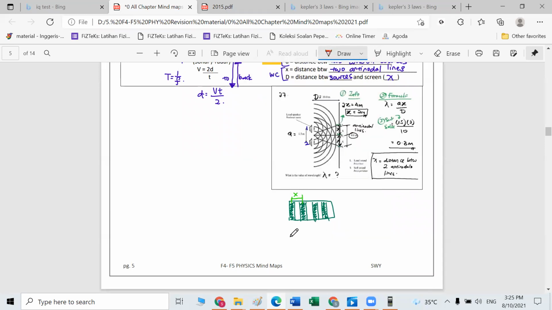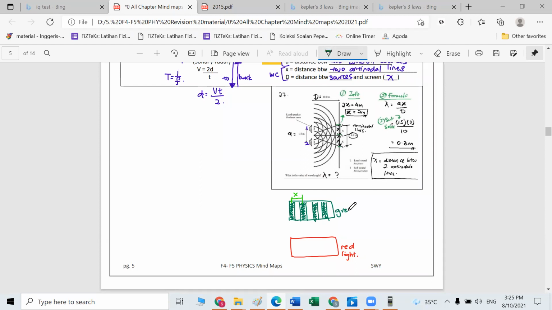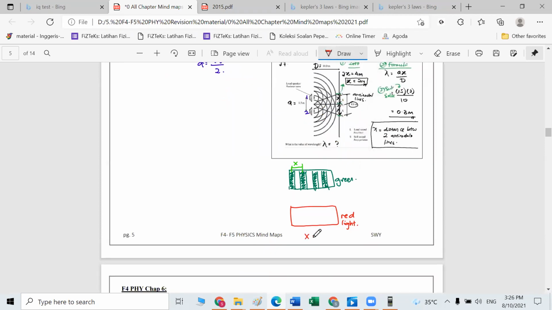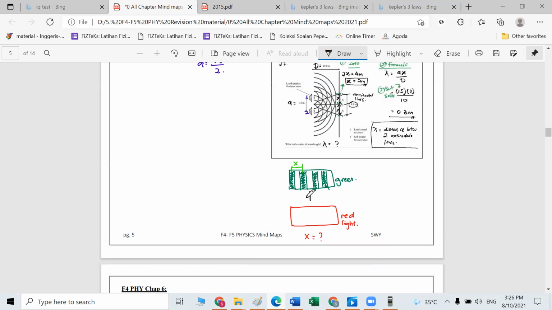Then how if I change to red light? I change the monochromatic light from green to red. What will happen to the x? Everyone, please answer.